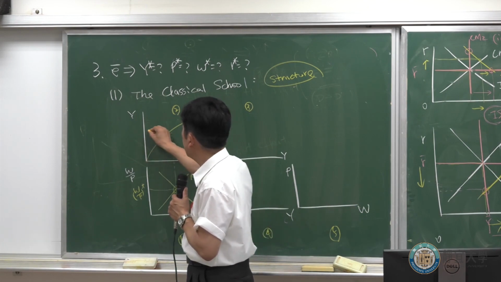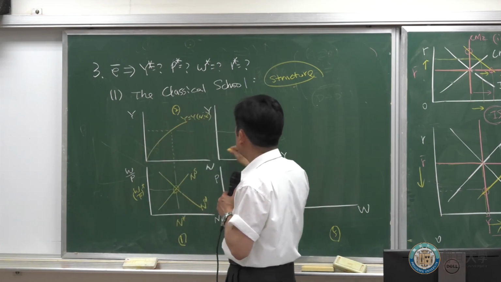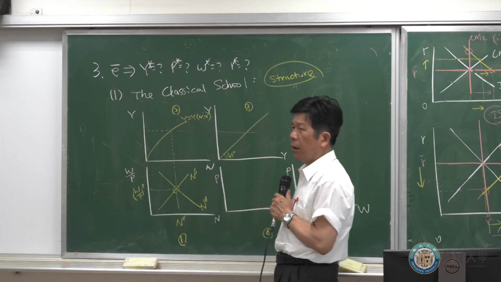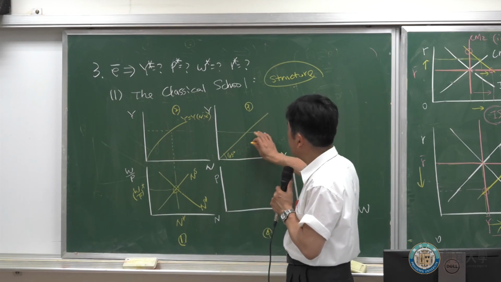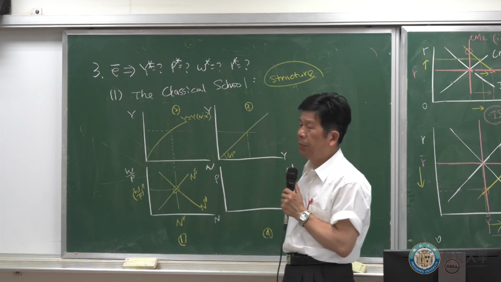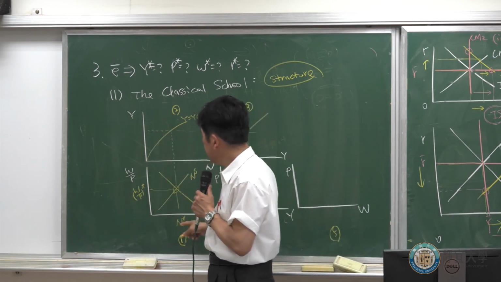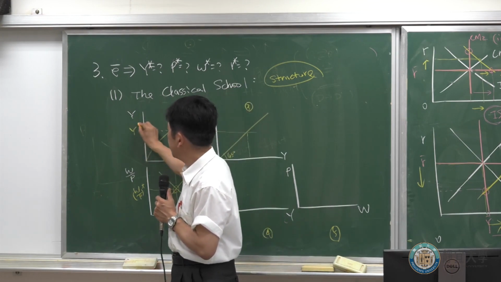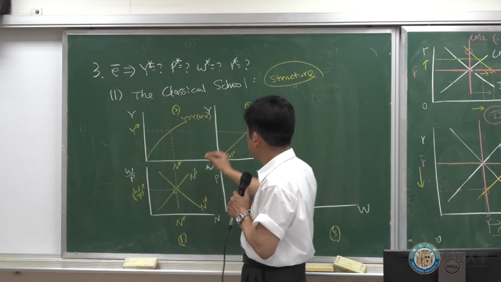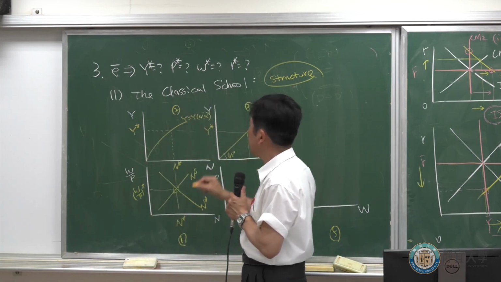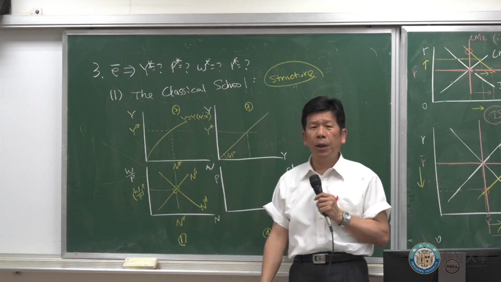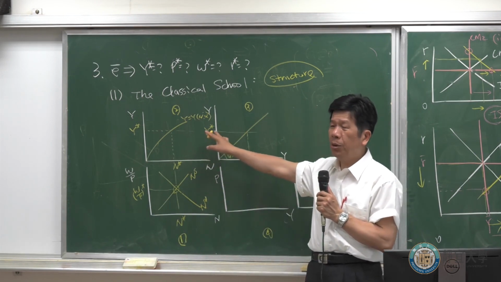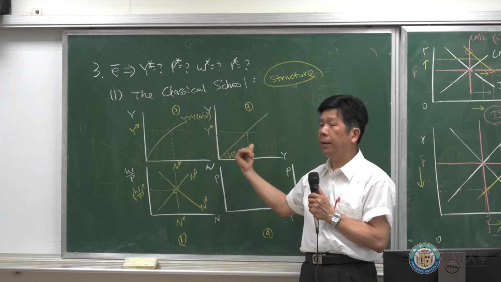After that, you can find this is the 45 degree line. With the 45 degree line, you only want to do the transfer. Because here, if you use N star, this is Y star, and after that this will be Y star. But the Y star is located on the Y axis, so they prefer to use the X axis.